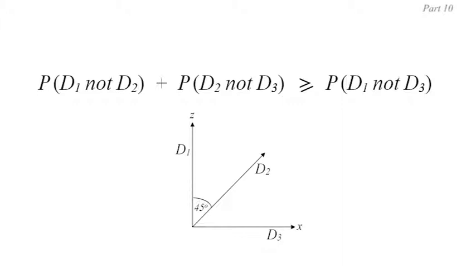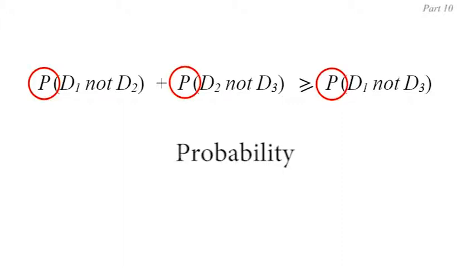You should recall that d1 is the z direction, d2 is the direction 45 degrees to the z-axis in the xz plane, and d3 is the x direction. In considering this version of Bell's inequality, we don't need to be thinking about lots of electrons and the numbers of this and the numbers of that and the other. The idea of probability encompasses all that.